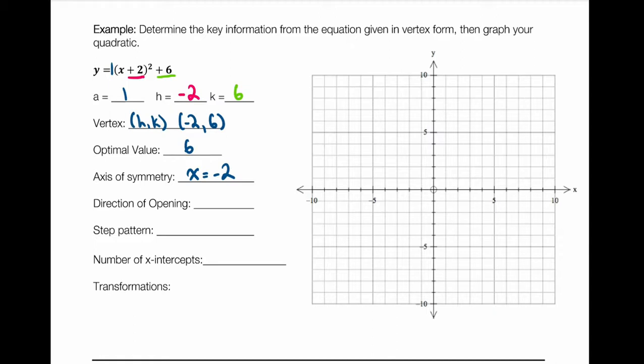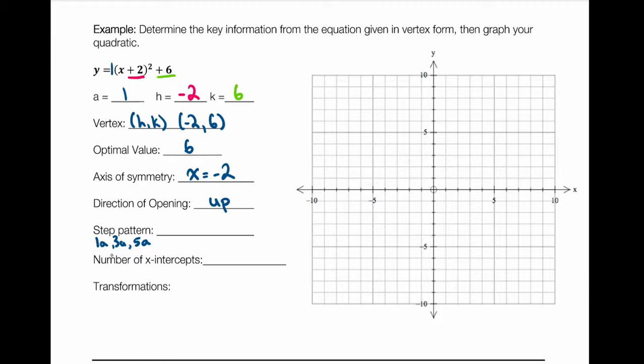Direction of the opening depended on the a value. The a value is positive, so the direction of the opening is up. The step pattern, this one may be a little difficult because we didn't cover it too much in the previous lessons, but the step pattern always follows the general pattern 1a, 3a, 5a.